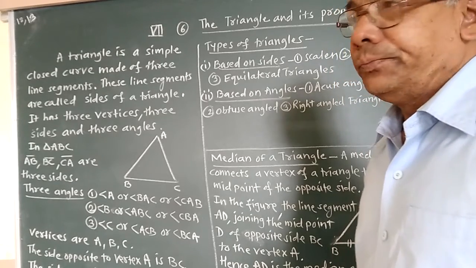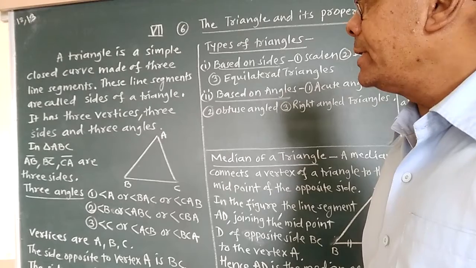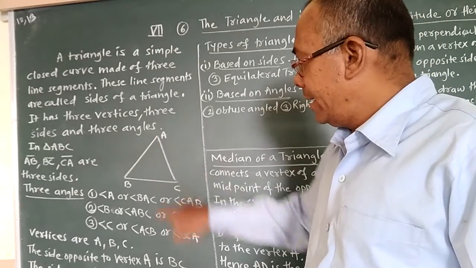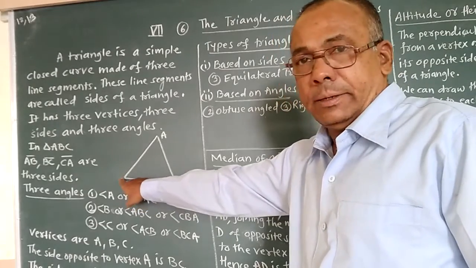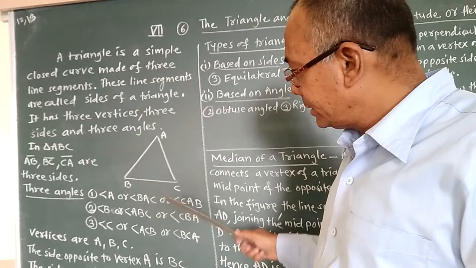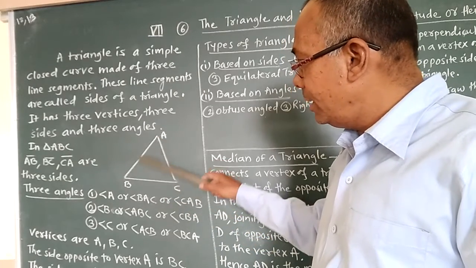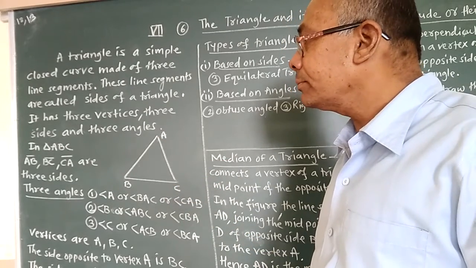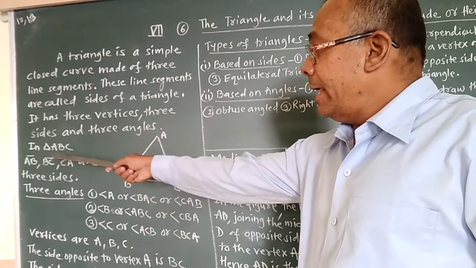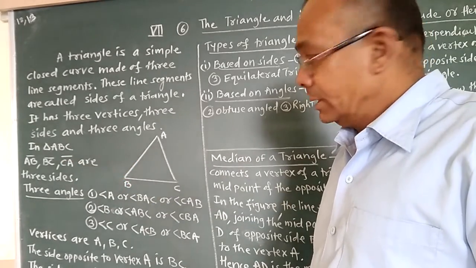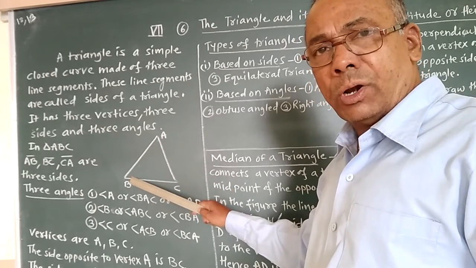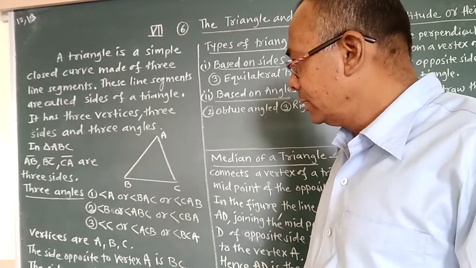It has three vertices, A, B and C. These are the three vertices. Then in a triangle ABC, the line segment AB is called a side of the triangle.